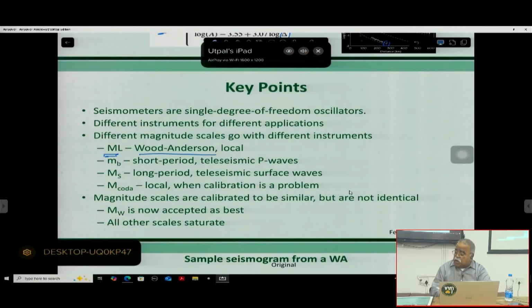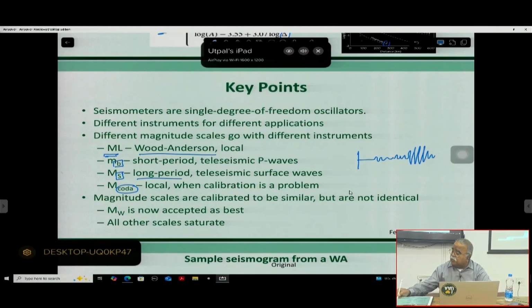So similarly, if we calculate the body wave magnitude MB, then it is the short period teleseismic P wave. If we have a surface wave magnitude, then it will be the long period teleseismic surface wave that is used. Then there is the coda part of the earthquake. The coda means that after the P wave there is an S wave, and then there are surface waves.